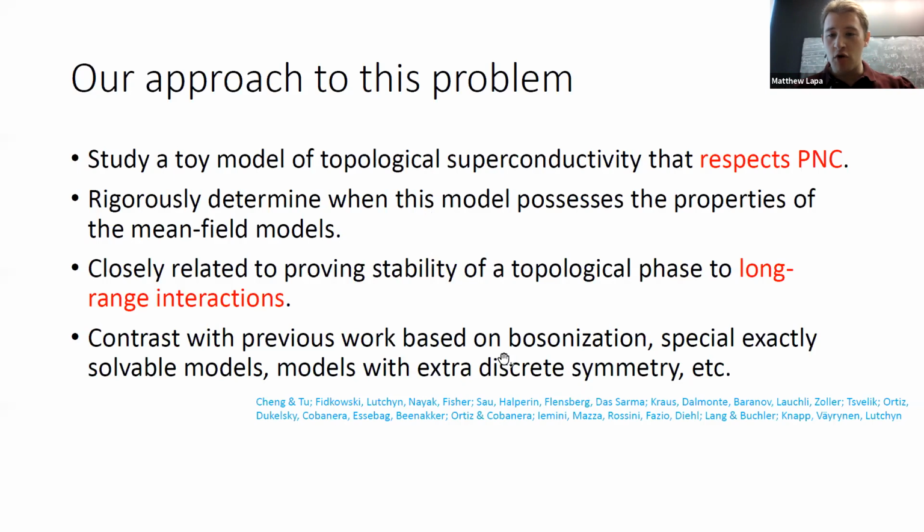But here our approach instead will be to write down a fairly simple model which is physically reasonable but which doesn't seem to have any exact solution. But then we'll try to make rigorous statements about the model in a wide area of the parameter space. So we don't want to have results that depend on fine tuning of some parameters.